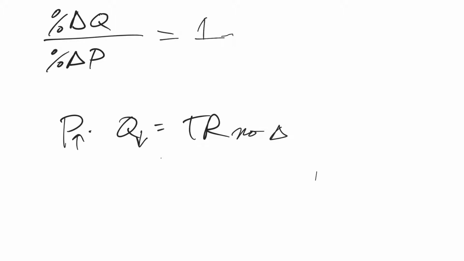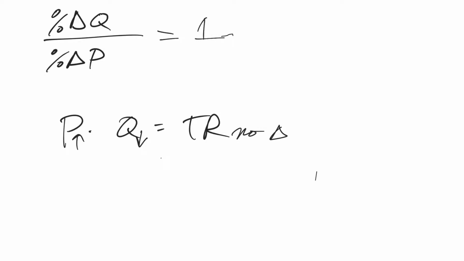Now, if your football team hasn't won in 5 years and the people who do show up wear masks over their faces because they're so embarrassed to be there, well, my guess is you have a relatively elastic good. And if your goal is to raise revenues, what would you do to the price? Well, if it's an elastic good, price and revenues go the opposite direction, and you want revenues to go up, so you'd lower the price.